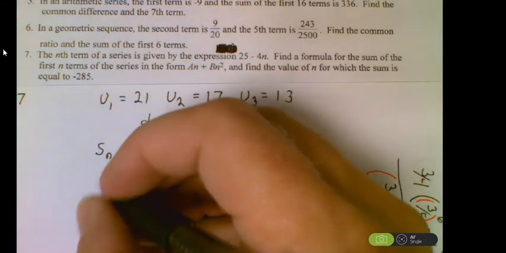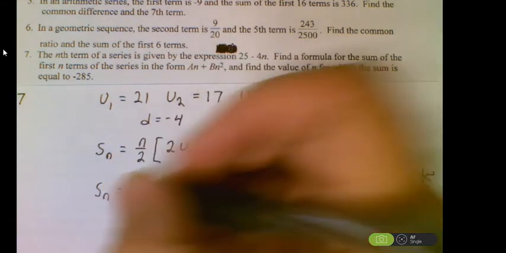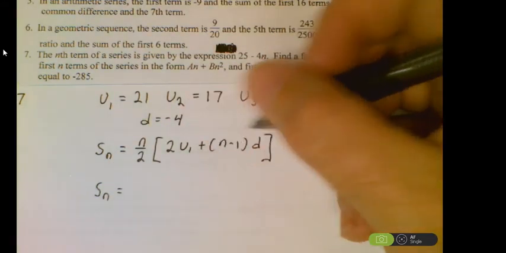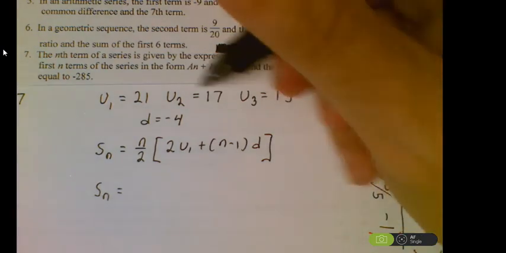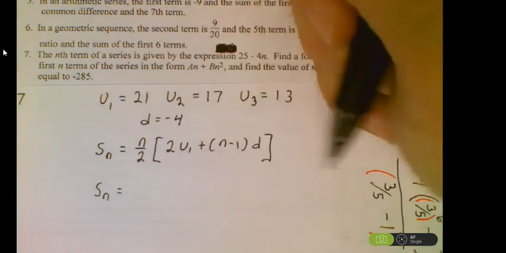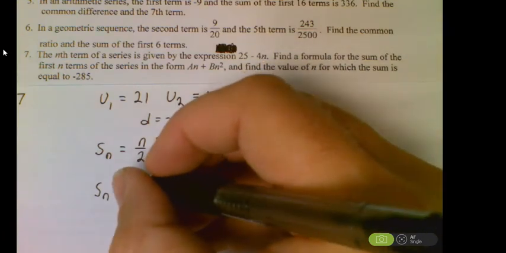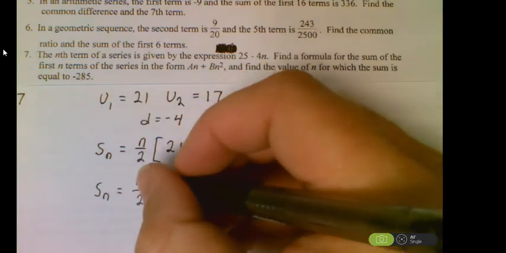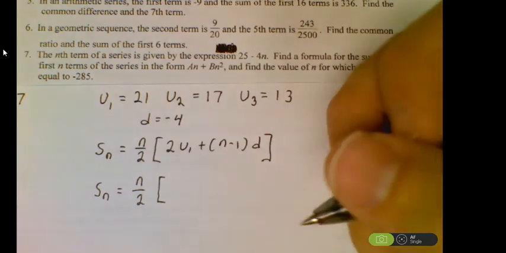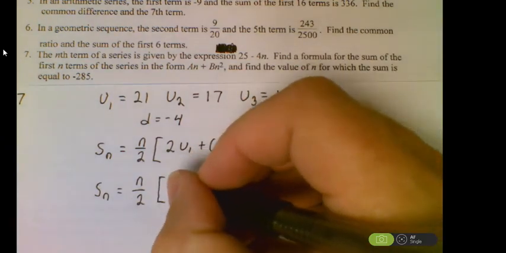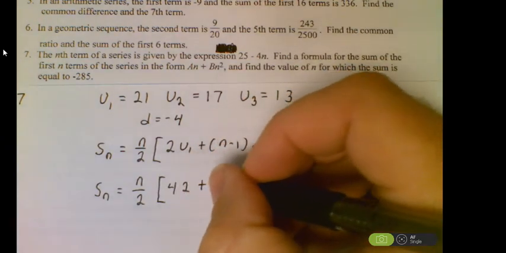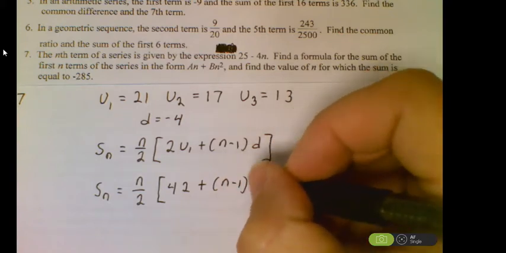So for this part, I'm just going to leave this as s of n for now. Do a little substitution and clean up for whatever we can. So replacing the first term with 21, we're leaving n as n for now. So 2 times 21, so we're looking at 42. We know the common difference was -4.